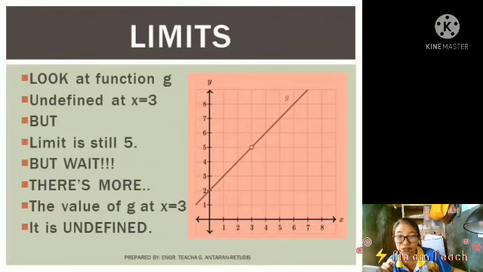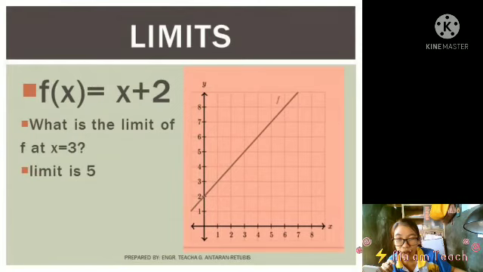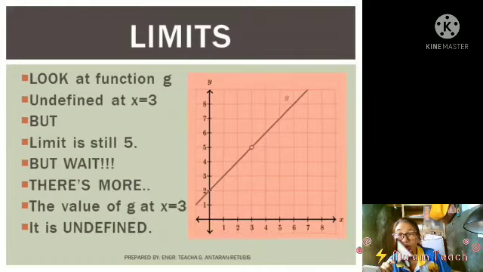The only difference is that g has a hole at the middle. Take note, there's a hole here. But f doesn't have a hole on its graph. Now, what's the difference here? How are we going to get the limit?